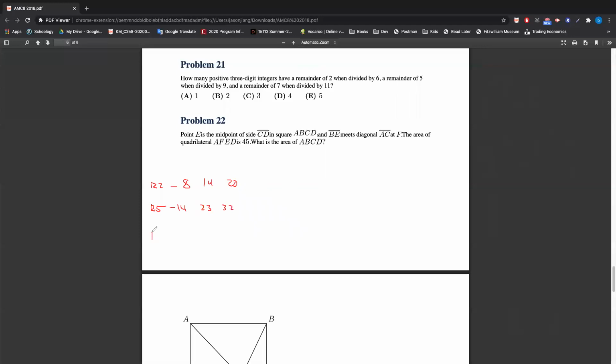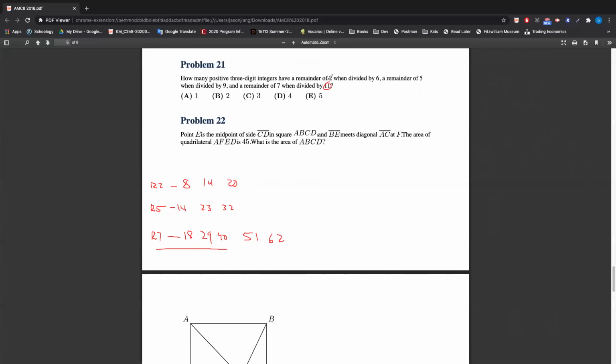Now we have remainder 7 when divided by 11: 18, 29, 40. And the best place to keep listing is in this row because it has the biggest number that we're dividing by, so it's going to find the common number faster. So we keep listing. And 62 actually looks pretty good.